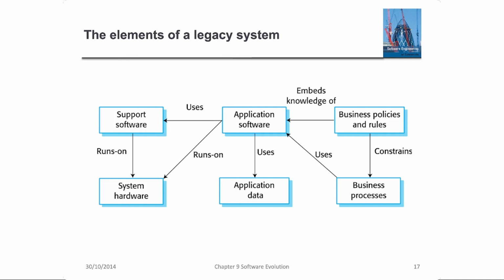Interwoven with this is the application data, often scattered and inconsistent. These technical components are governed by business policies and rules, and together they facilitate business processes. Each element has a symbiotic relationship, creating an ecosystem where the software and business side must coexist harmoniously.